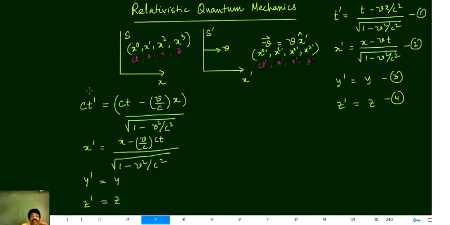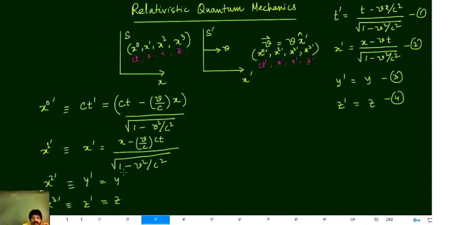Now basically what is ct prime? ct prime is x0 prime, this is x1 prime, this is x2 prime, and this is x3 prime.